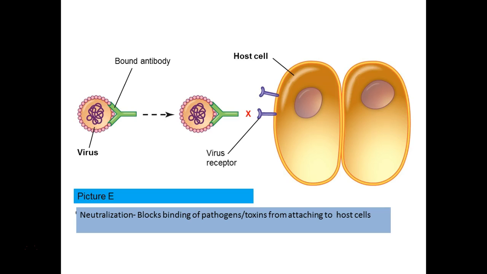If they're coated in antibodies, can they bind to us? No, and that's really where this name neutralization comes from, because you can neutralize toxins by having antibodies bind to them. So toxins, pathogens like viruses and bacteria that need to get inside, if we coat them with antibody, we can stop them from attaching to our cells and essentially neutralize them.